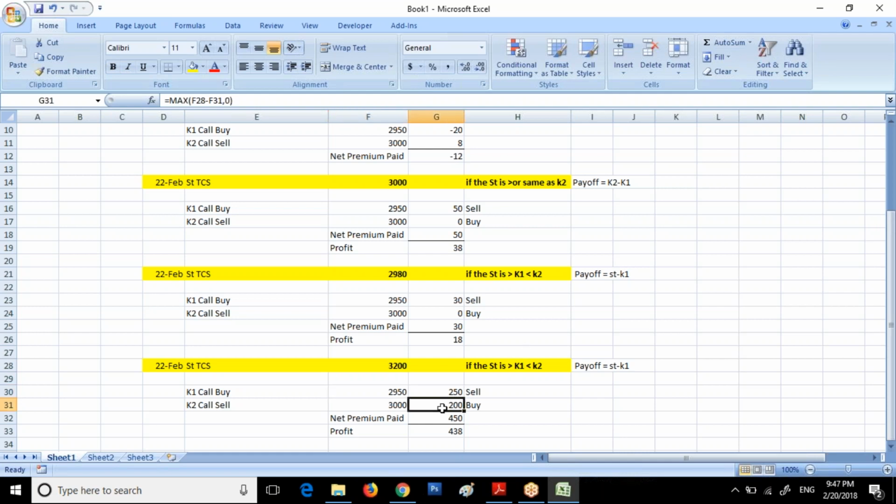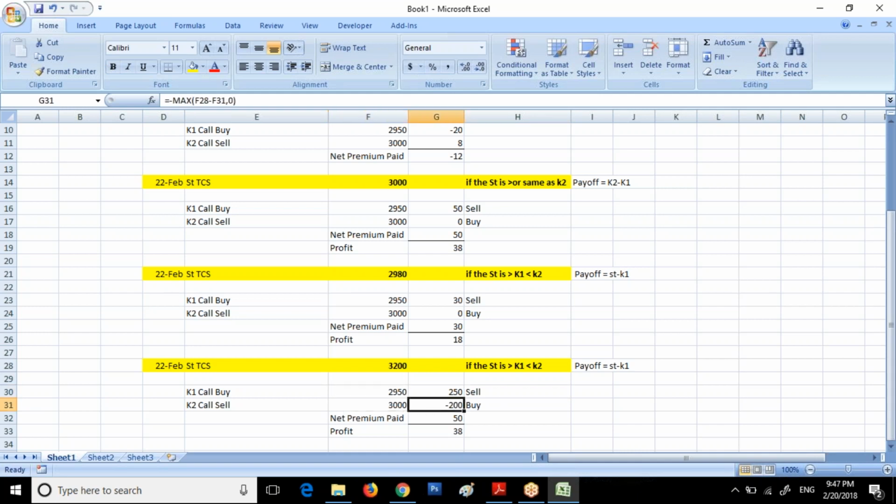Now you have to pay this much, so I have to put a minus sign here. You'll get almost 250 rupees as premium here, the intrinsic value only, on the date of expiry. So the difference between 3,200 and 2,950 is 250.